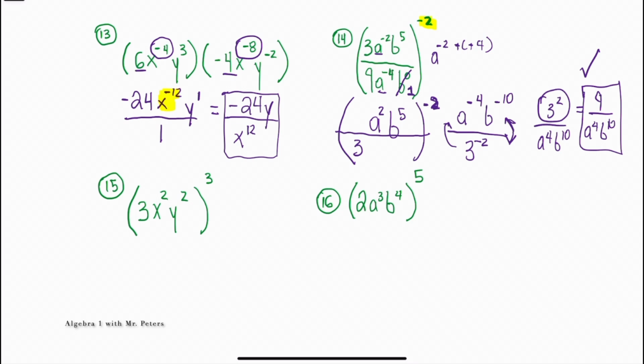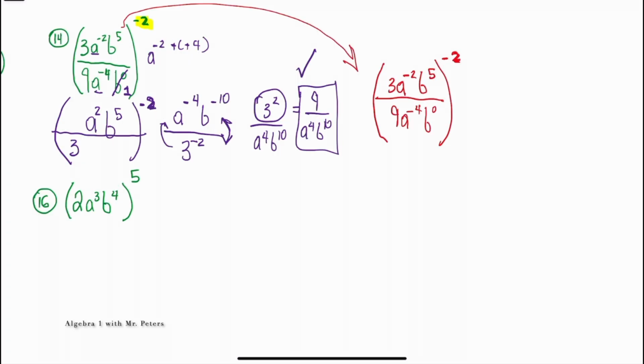So this is method 1 for completing this problem. The other way that you could do this same problem is like this. The second method to do this same problem is us taking everything to the -2nd power, then simplifying the fraction.